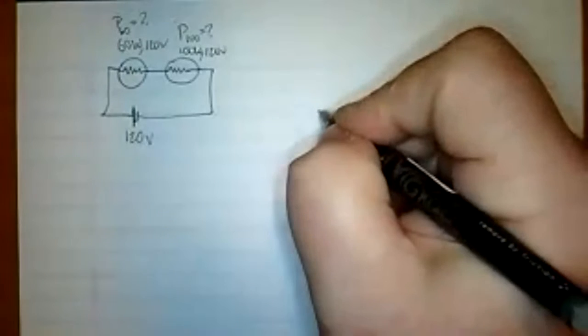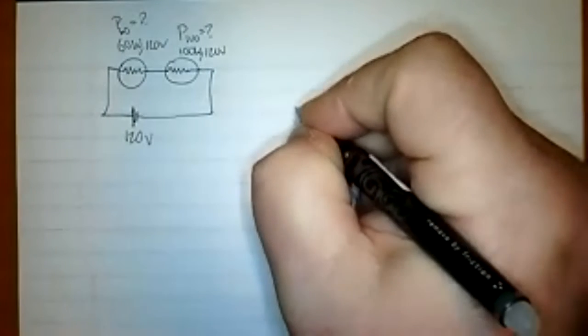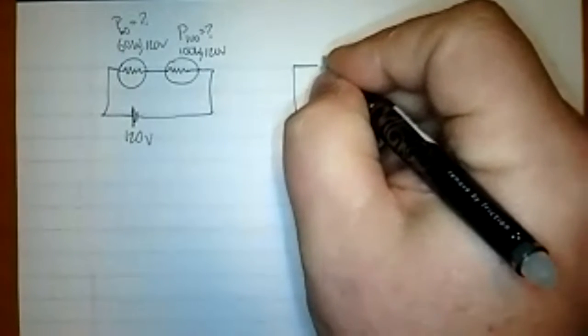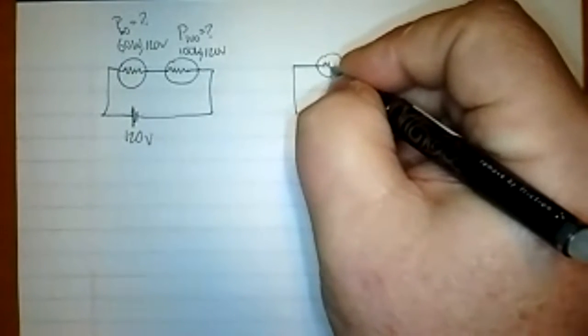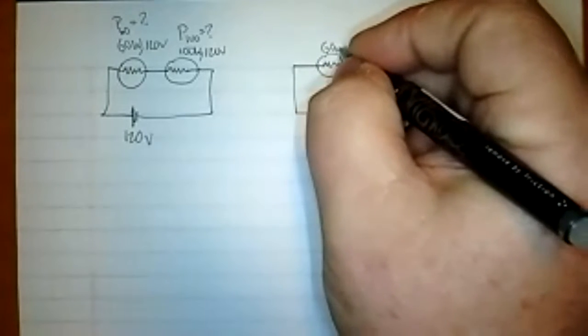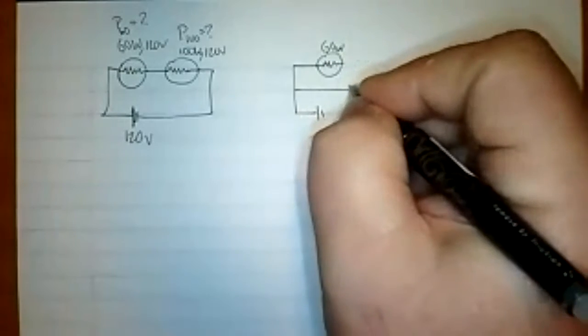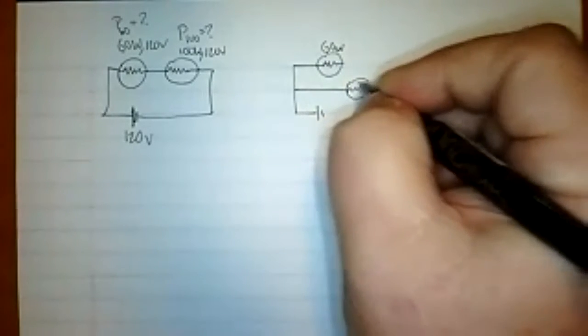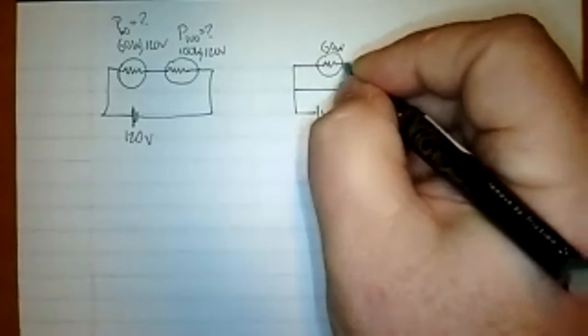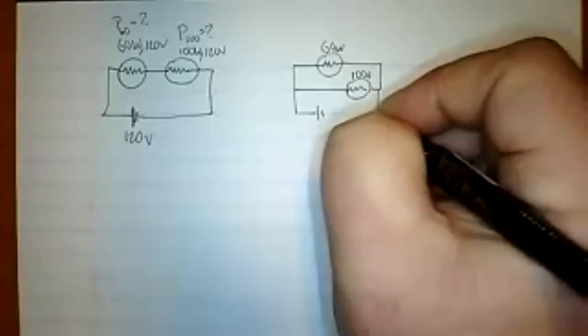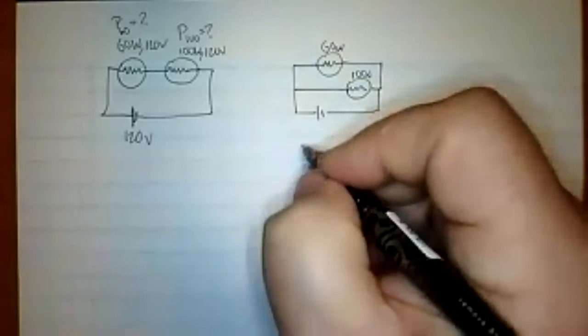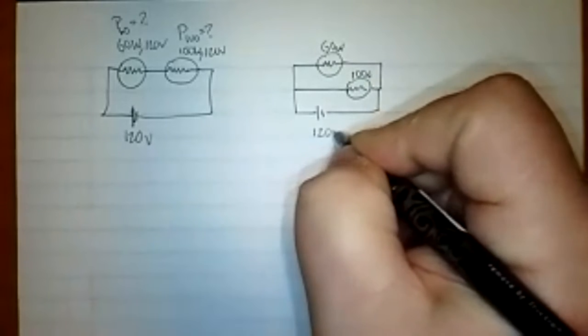So P60 equals question mark, P100 equals question mark. And then we're going to do the same thing with these two. In other words, the same light bulbs this time are identical light bulbs, this time put in parallel.